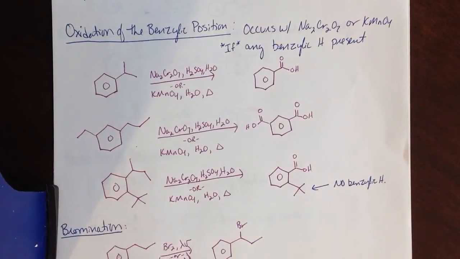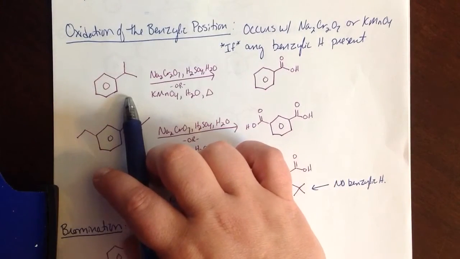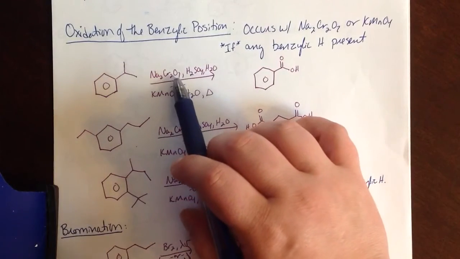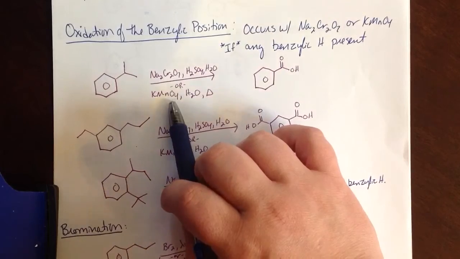I kind of tell people this is sort of like those fancy scissors that you use and can leave little patterns as you cut through things. Well, basically that's what the oxidation is of the benzylic position. And you can do that with Na2Cr2O7 or you can do it with KMnO4. Either one should work there.